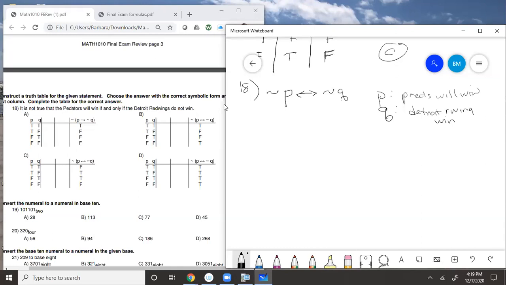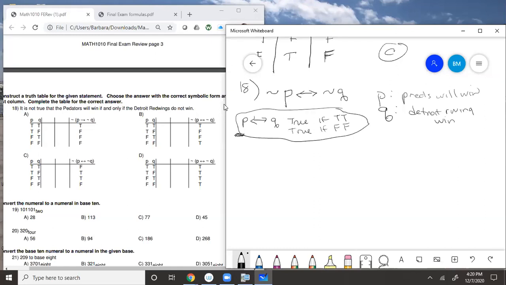A biconditional, P if and only if Q, is true if they're both true or they're both false. Okay, so that's kind of the setup for that.